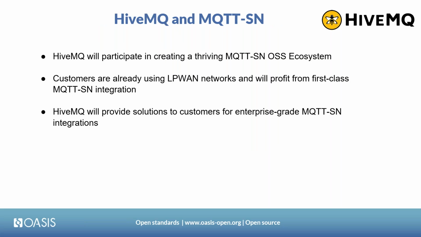So we are committed to participating in creating a thriving MQTT-SN open source ecosystem, because it's like a hen and egg problem: if there is no standard, there are no implementations, and so on. We really want to contribute by creating a standard and also a thriving ecosystem, so companies have open source libraries available.